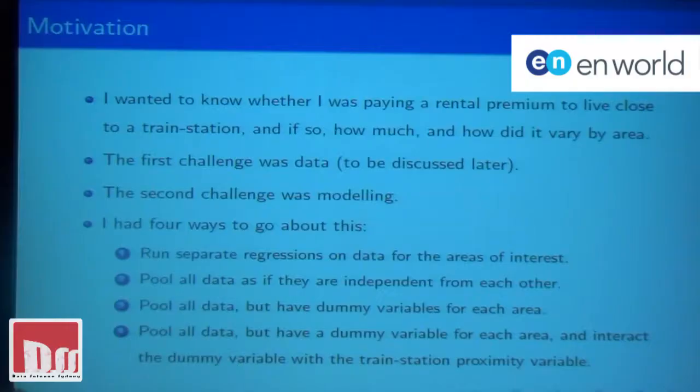The third approach is to pool all data but have dummy variables for each area. So understanding that prices are probably going to be correlated within geographies or within areas. And then the fourth method essentially just amounts to pooling all the data but have a dummy variable for each area and interact that dummy variable with the train station proximity variable.